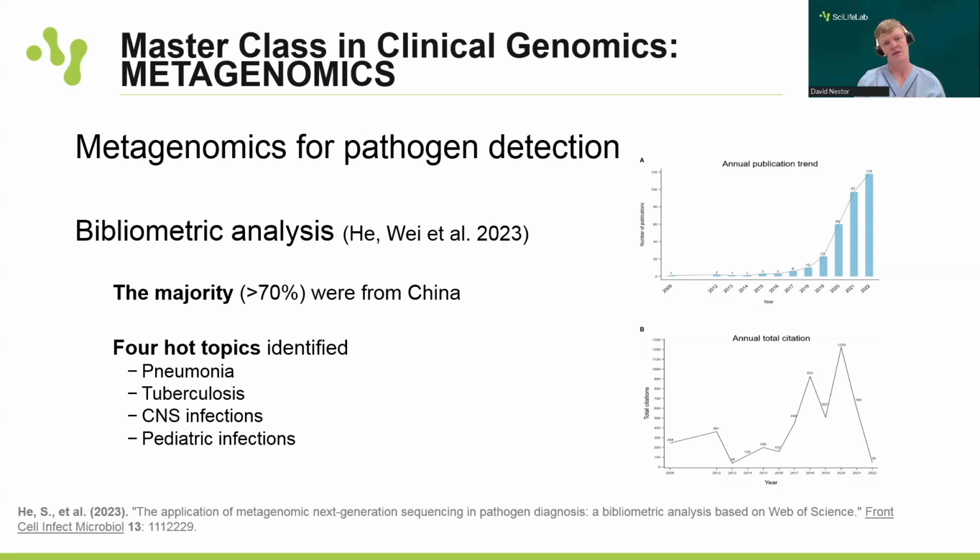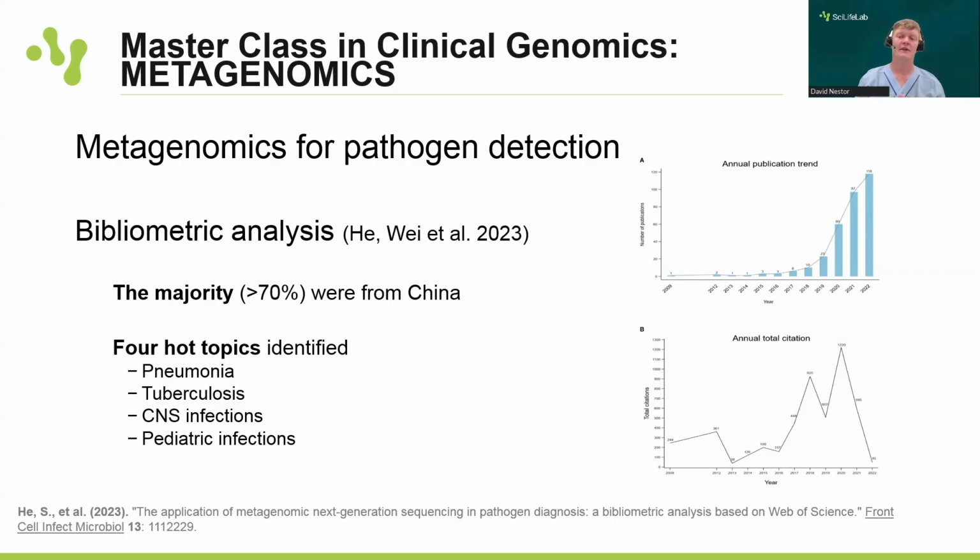For CNS infections, it's mainly because cerebrospinal fluid is considered a sterile fluid, and CNS infection can also be caused by a wide array of different organisms, both viruses, bacteria, and yeasts. So it has mainly been used for this purpose.